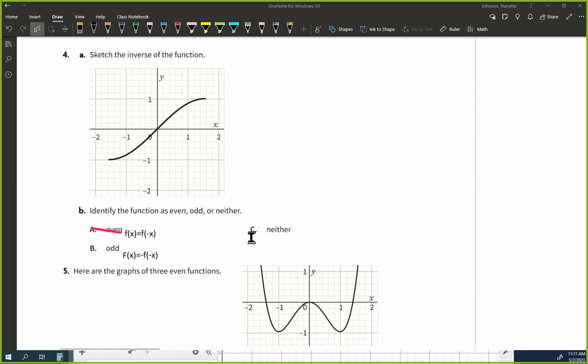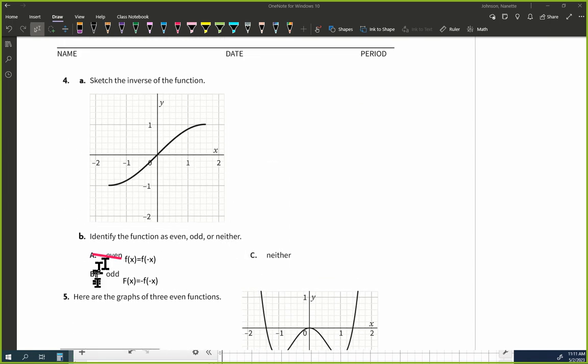Let's go to this one. This is not a reflection across the y-axis. You guys said this one was odd. How would you describe this one? Does this one have symmetry? Obviously it doesn't have reflection symmetry, left and right. Does it have up and down symmetry, meaning I can reflect it across the x-axis? The answer is no. Yes, but you can rotate it.